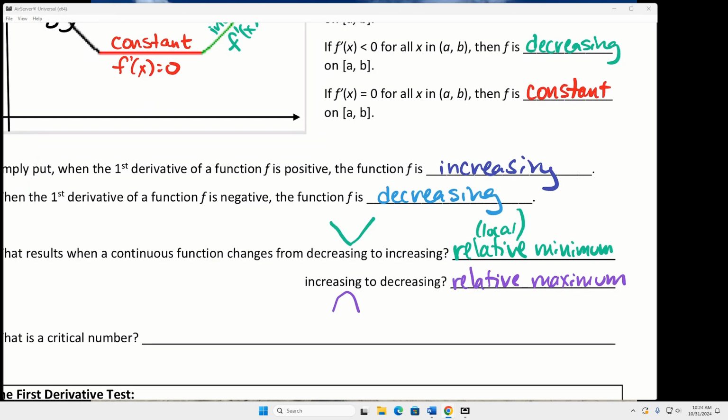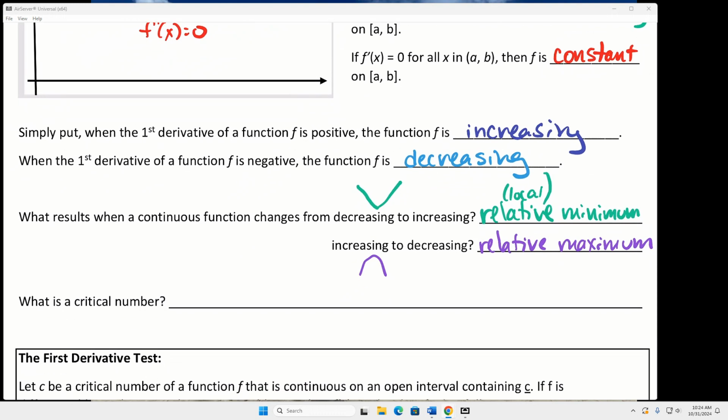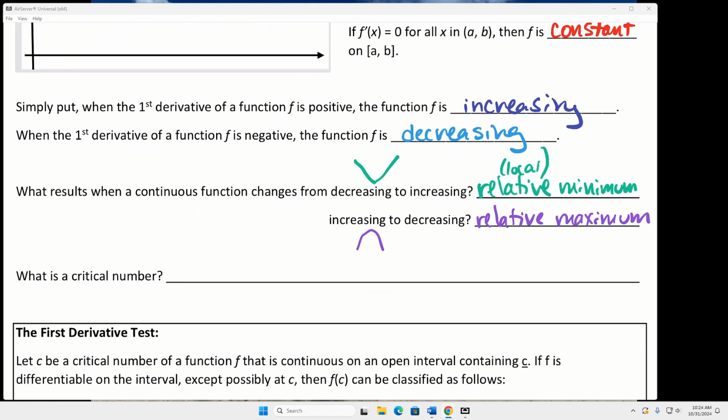All right, because I have changed the order that we're doing these units, you haven't learned about critical numbers before, so that's okay. A critical number is a value of x that makes f prime of x either 0 or undefined.